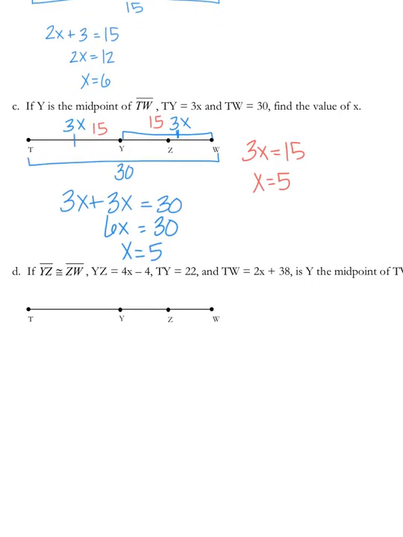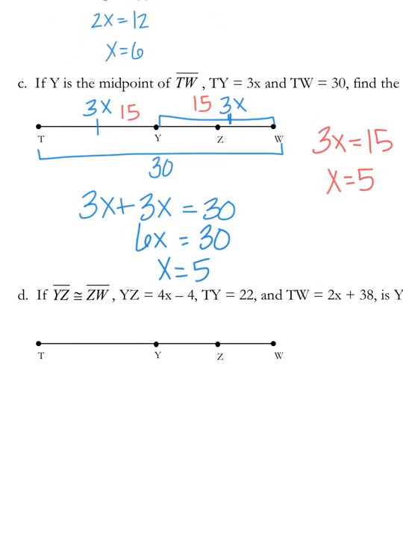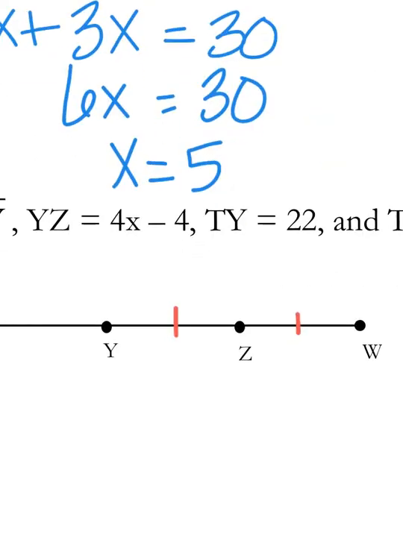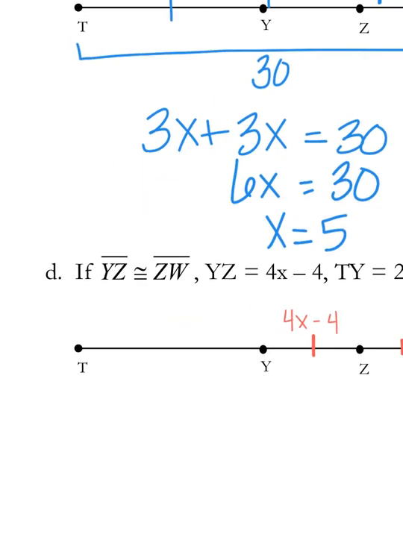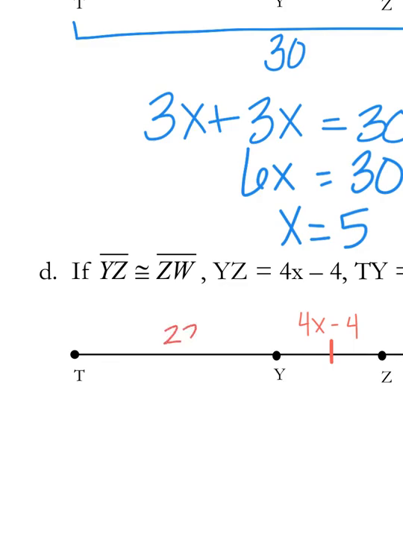Alright, this one is a little bit trickier. If YZ equals ZW, so I know that I'm going to put tick marks here because they're congruent. YZ is 4x minus 4. TY is 22.